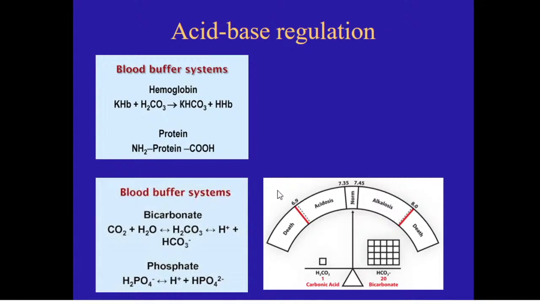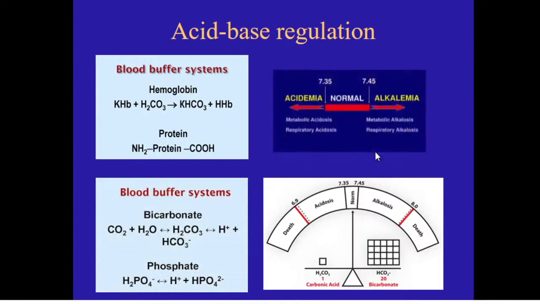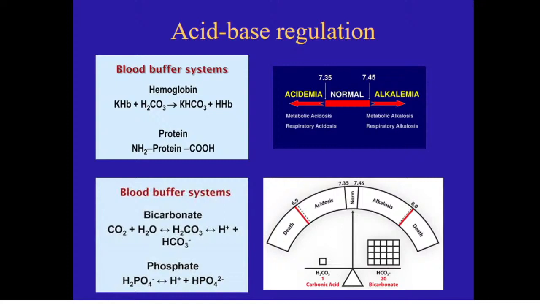Here the pH values which are dangerous to life are represented. So really, alkalosis and acidosis are observed if pH changes in such a small range. Acidosis and alkalosis are caused by several reasons, and the simplest division is into metabolic and respiratory acidosis and metabolic and respiratory alkalosis.